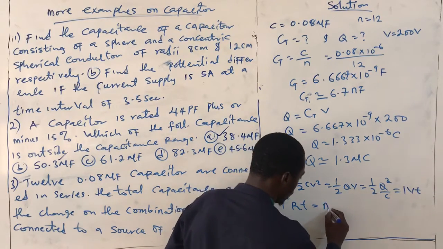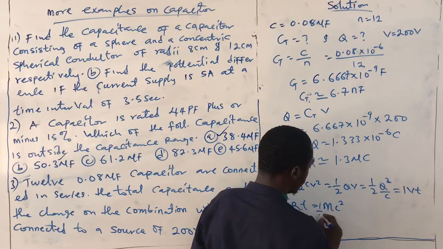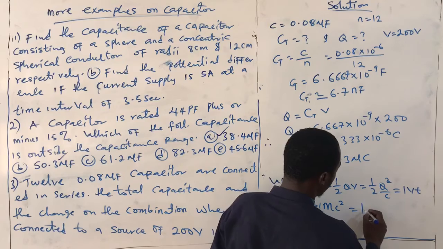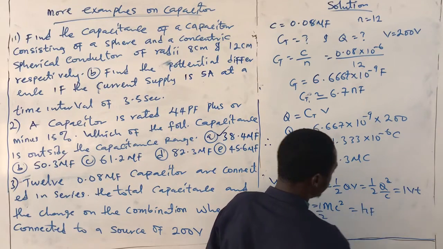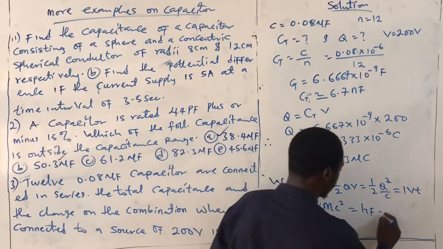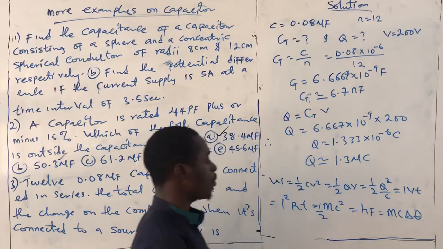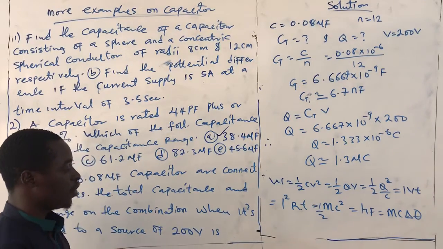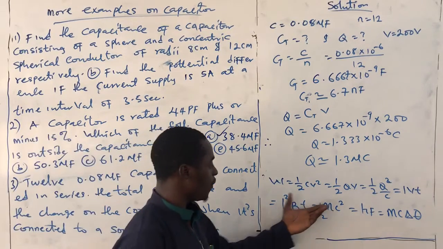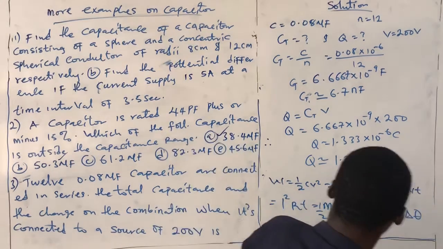In terms of quantum, we can have half mc squared, which can equal hf. It can also equal mc change in temperature. So this is what we call equipartition of energy. We can solve any question with respect to this and so on.